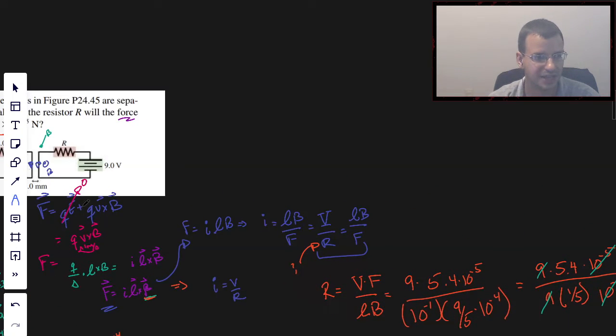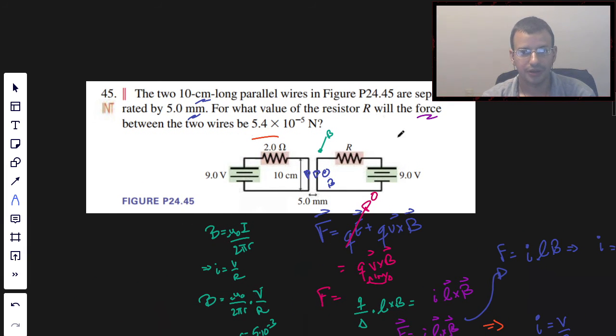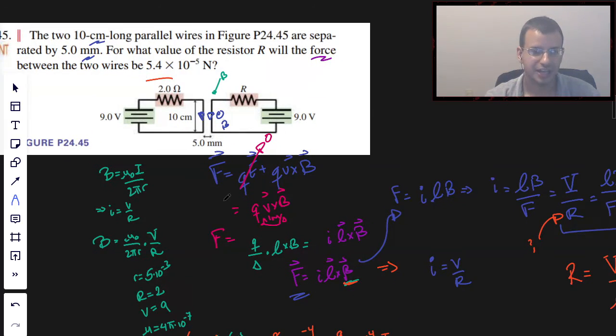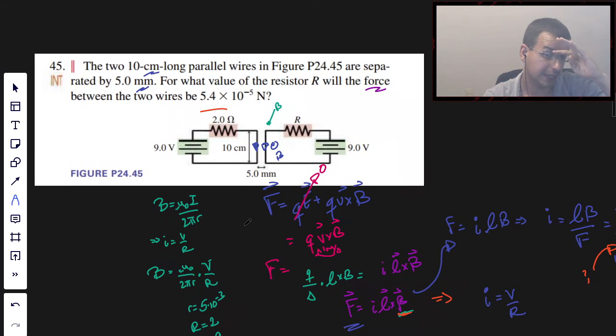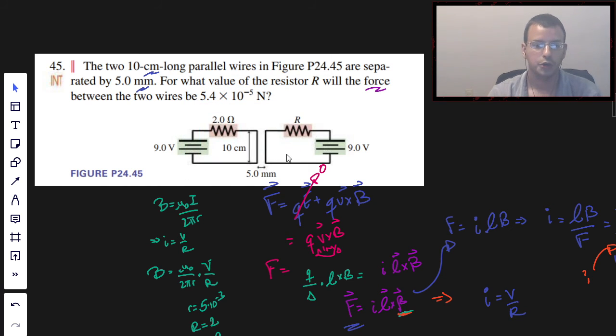So let's take a look back real quick and see if that even makes sense. To backtrack and look at what we did here, we were asked to find the resistance value that would allow enough current to flow through these two wires, and based on how far apart the wires are, produce a certain force. This is going to be an attractive force because the currents in the wires are going parallel, in the same direction.